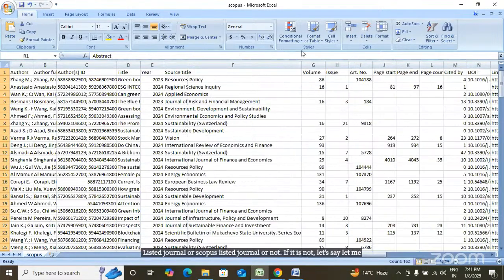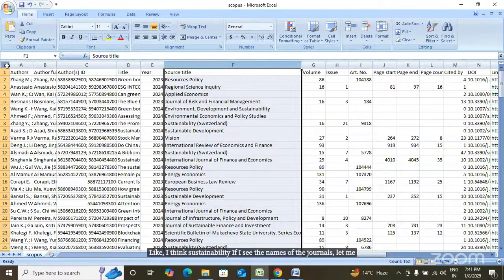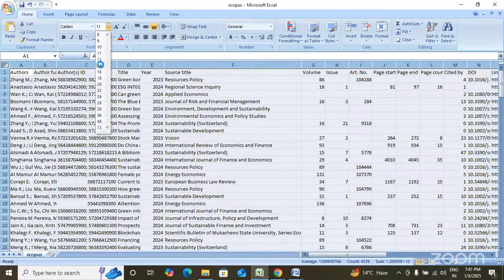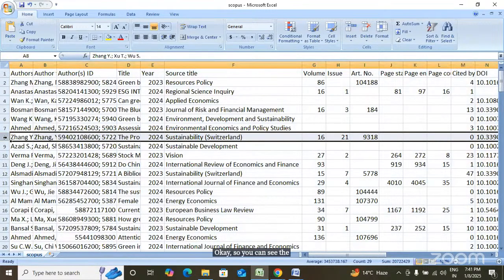Let's say, let me see, I think Sustainability. If I see the names of the journals, let me increase the font size of this. Okay, so you can see in the eighth row, the journal Sustainability, right?